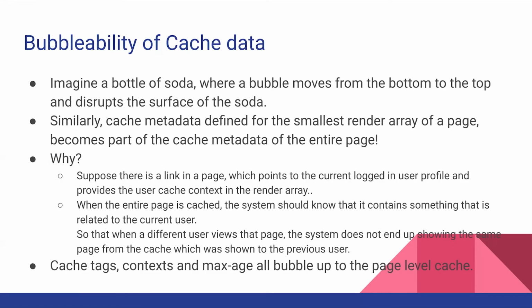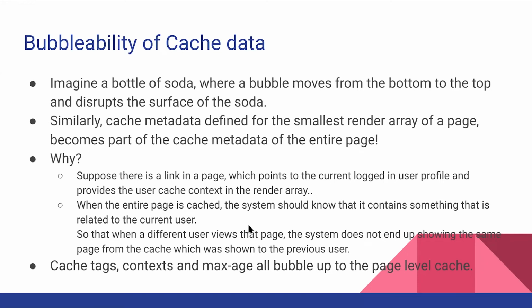So there's the concept of bubbleability of cache data. What this means is that from the smallest parts of the page, the cache data gets bubbled up to the entire page. Suppose I have a small link, or a block on a page, and there are maybe hundreds of blocks on the page.